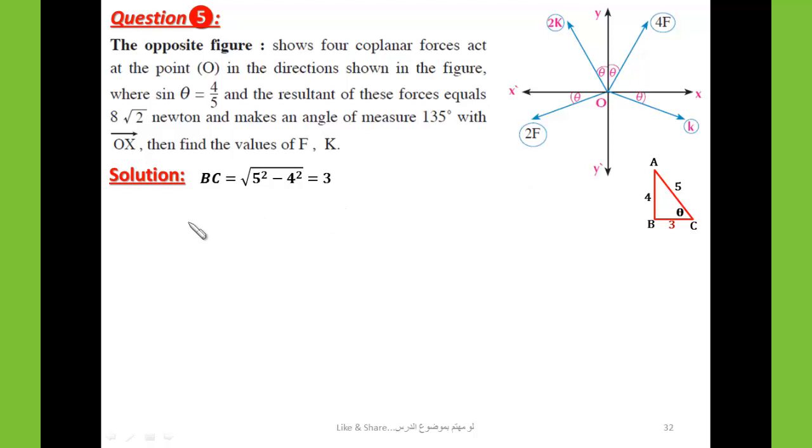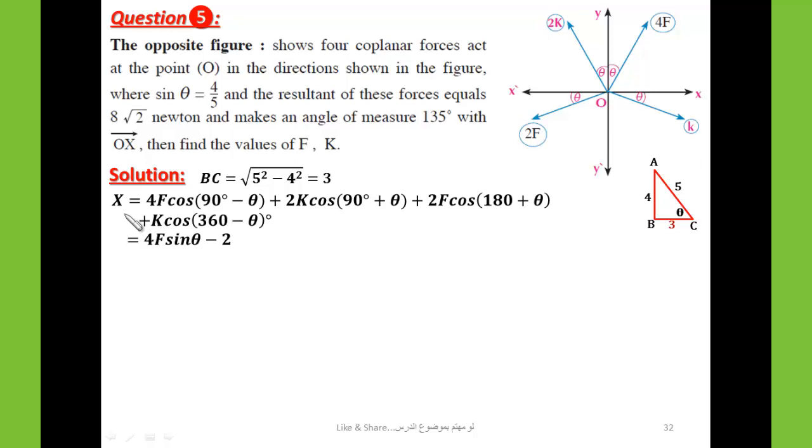X is the sum of the components in the positive direction of the x-axis. It will be 4F cosine 90 minus theta plus 2K cosine 90 plus theta plus 2F cosine 180 plus theta plus K cosine 360 minus theta.